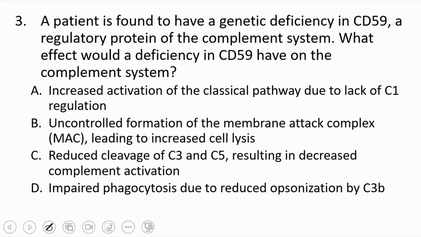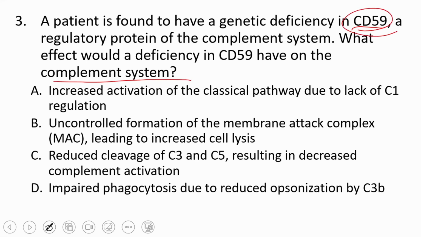So let's see. A patient is found to have a genetic deficiency of CD59, a regulatory protein of the complement system. What effects would a deficiency in CD59 have on the complement system? So CD59 is one of the regulatory proteins for the complement system.